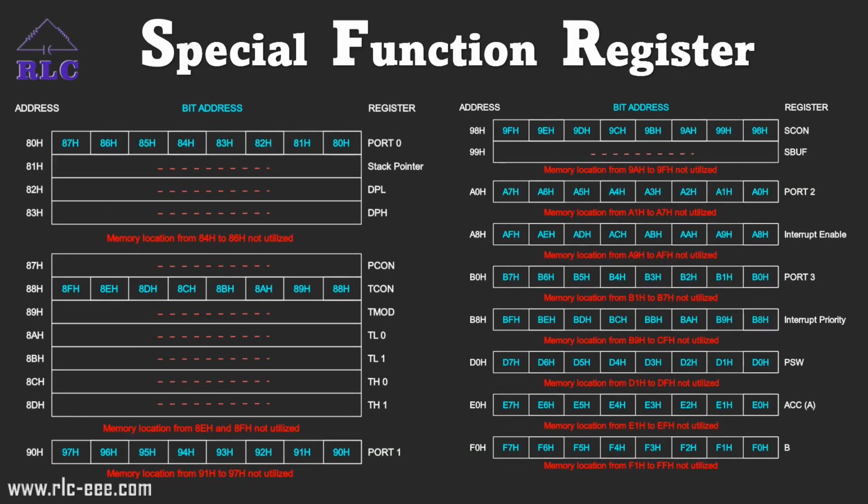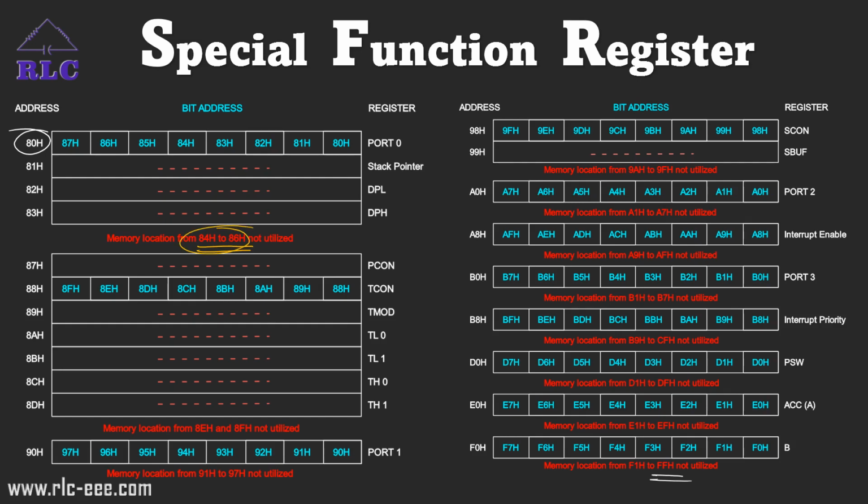This diagram shows the special function registers of the 8051 microcontroller. We can see it has been listed from 80H to FFH. We do not have all the memory locations being used for the SFR. We can see that the memory locations from 84H to 86H are not utilized.